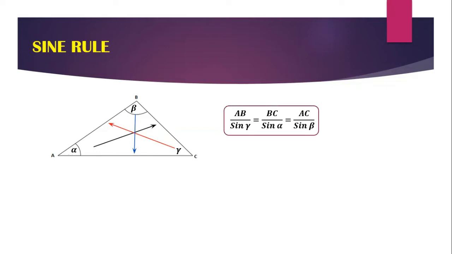We call this formula the sine rule. Once again, AB with respect to gamma, BC with respect to alpha, and AC with respect to beta. So the sine rule is AB over sine gamma equals BC over sine alpha equals AC over sine beta. Clear, everyone?